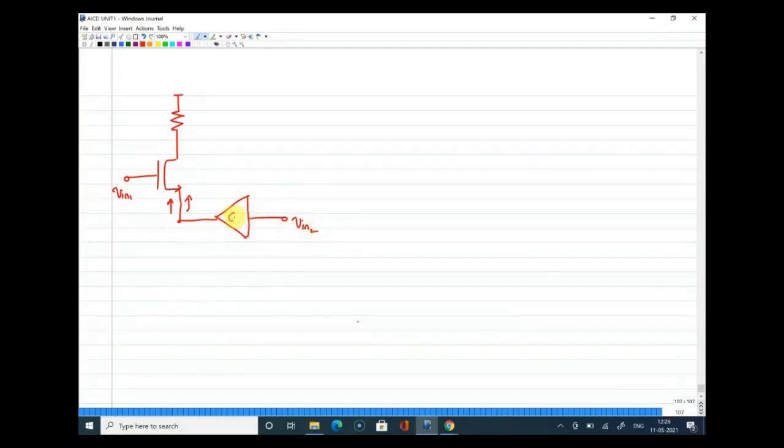What is this stage? This stage is a CD amplifier, which is basically a buffer. We know that the input impedance is ideally infinity. So my previous requirement of V in 2 seeing a high input impedance is satisfied. At the same time, since a CD amplifier ideally gives a gain of 1, the same V in 2 is available to this point also.